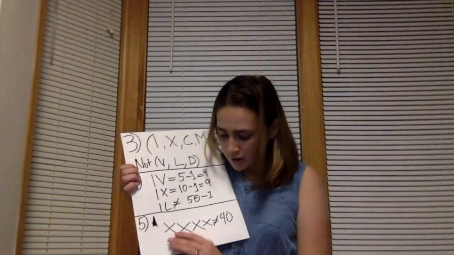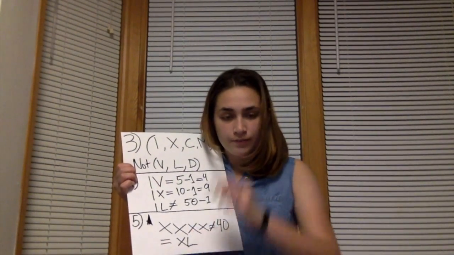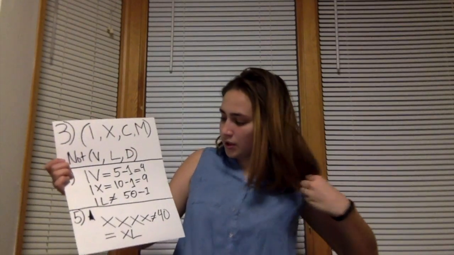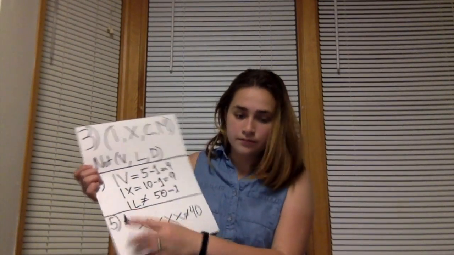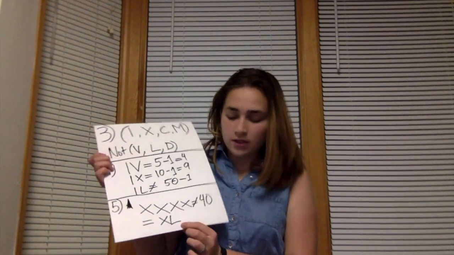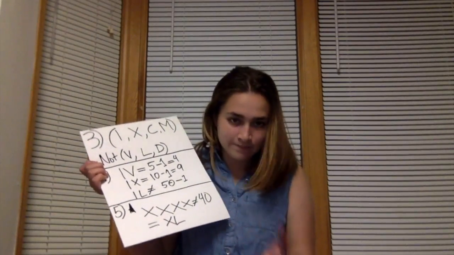The next rule is that a numeral can only be repeated up to 3 times. So, if I were to do X, X, X, X, that's not possible. What I would need to do is put the L, the X, and then the L. So that would be 50 minus 10.